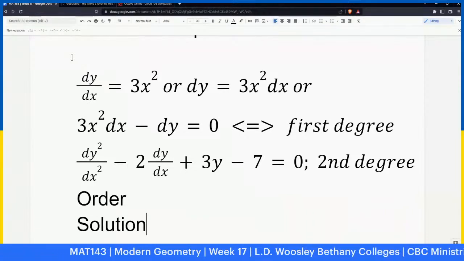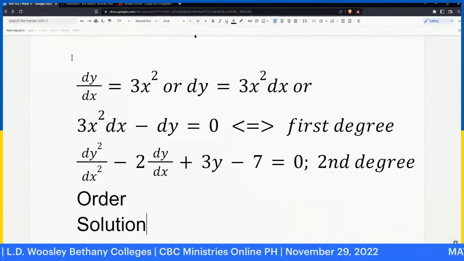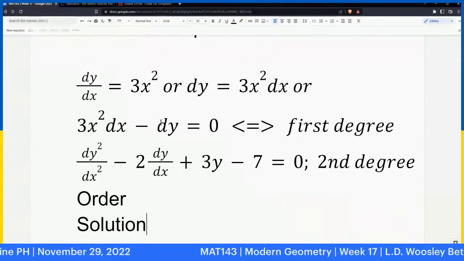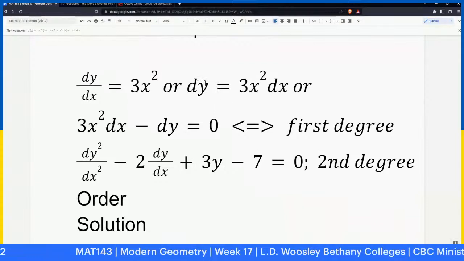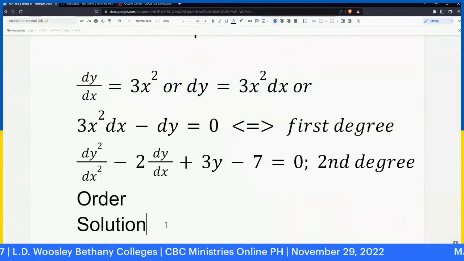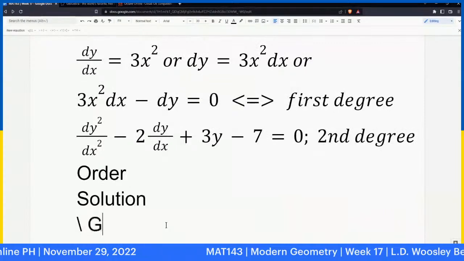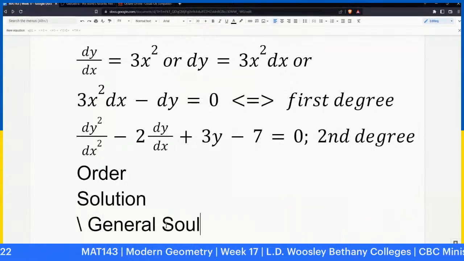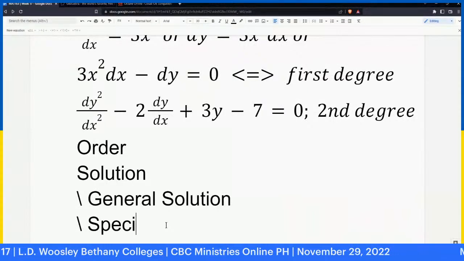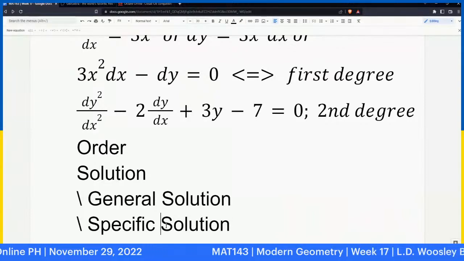And then also we have solution. So these are the concepts. The solution of a differential equation is a function y that satisfies the equation. For instance, from here we would like to solve for y, and here we would like to solve for y. We will have a particular solution or a general solution. So solution has two categories, namely the general solution and the specific or particular solution.